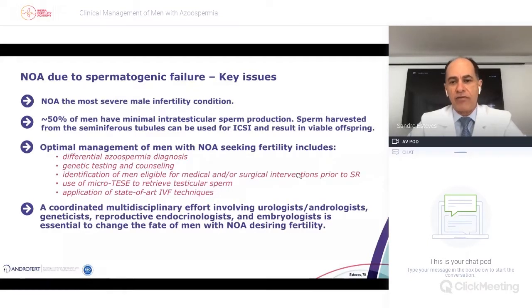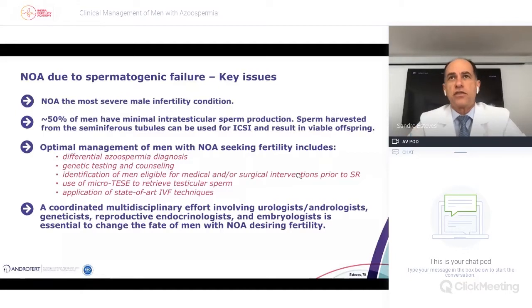So in essence, it's a coordinated multidisciplinary effort involving every one of us, from the male infertility specialist standpoint. We need to include also the geneticists, reproductive endocrinologists, because it's very important to optimize the ovarian stimulation in terms of number of eggs, the embryologists.